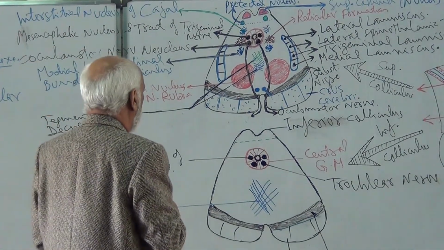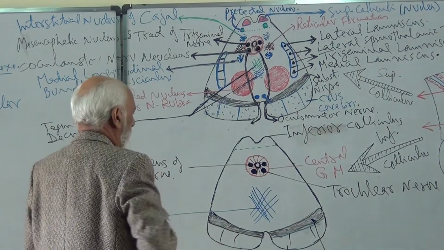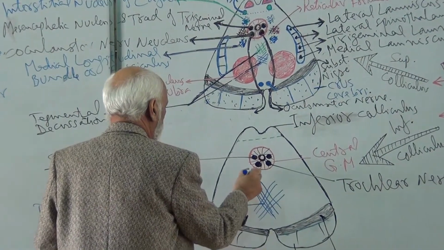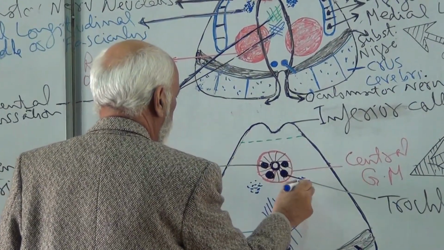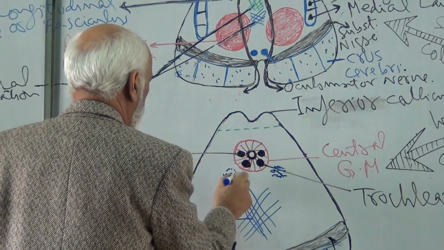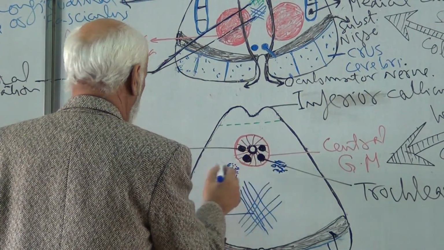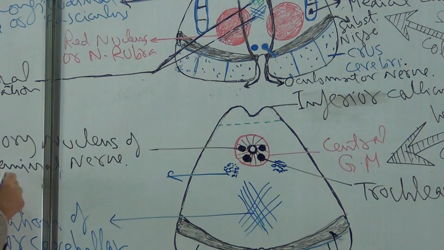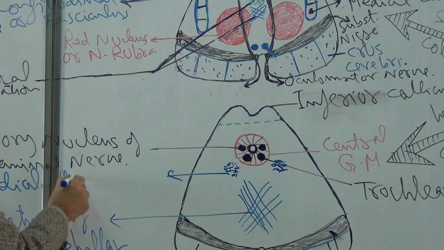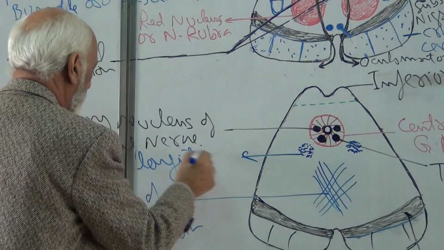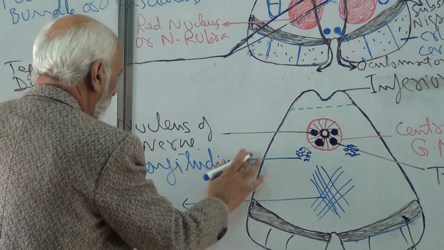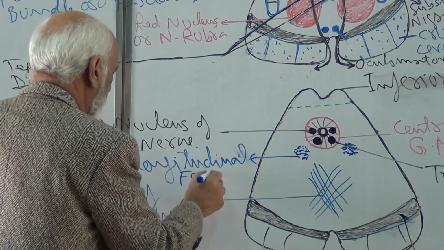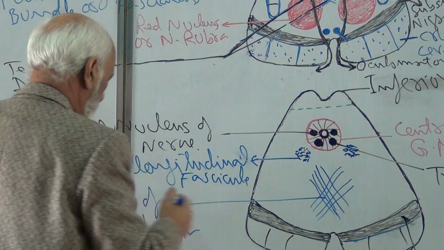Then in the tegmentum, ventrolateral to the central gray matter on each side, is the medial longitudinal fasciculus, or bundle.